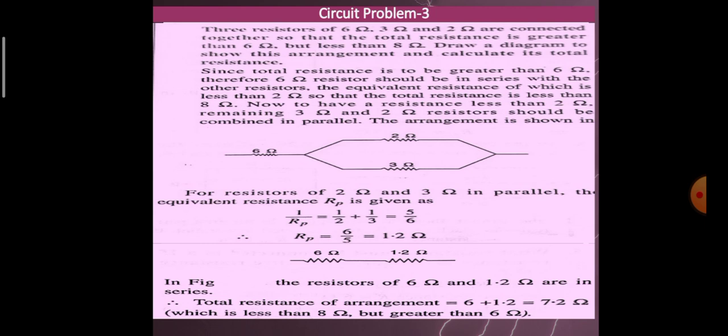Since total resistance is to be greater than 6 ohm, therefore 6 ohm resistor should be in series with the other resistors, the equivalent resistance of which is less than 2 ohm, so that the total resistance is less than 8 ohm. Now, to have a resistance less than 2 ohm, the remaining 3 ohm and 2 ohm resistors should be combined in parallel. The arrangement is shown in the figure.